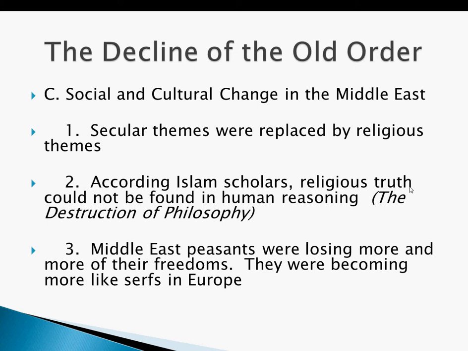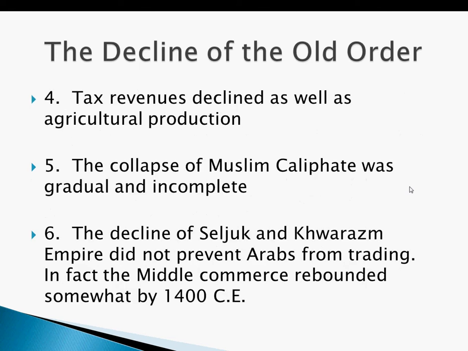In terms of the peasants in the Middle East, they seem to be losing power and their freedoms. They become like the serfs that we have in Europe under the feudal system. Taxes decline because people essentially gave up because they were being taxed so heavily and driven by the Muslim ruling elites.